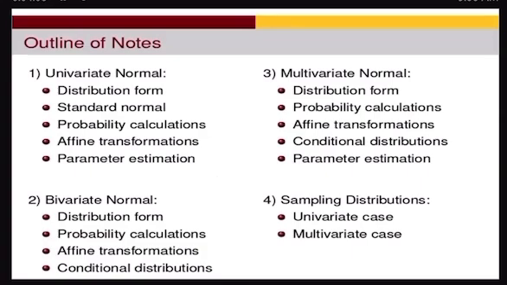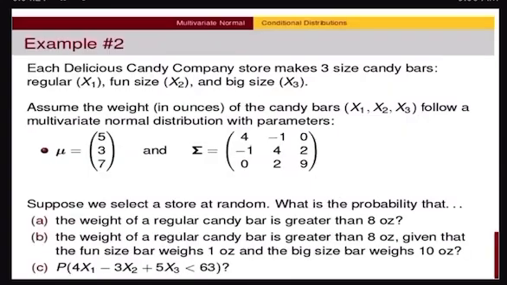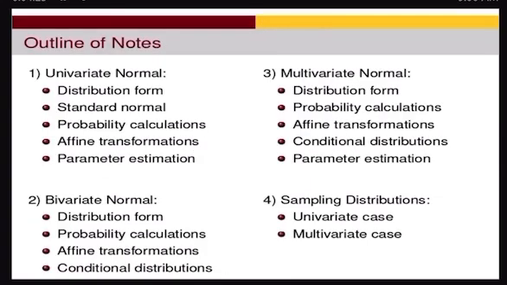Then I'm also going to extend multivariate normality into sampling distribution, just like we have it in the univariate case. Today you're also going to learn how we can estimate parameters using the multivariate normal density, using the method of maximum likelihood as well.